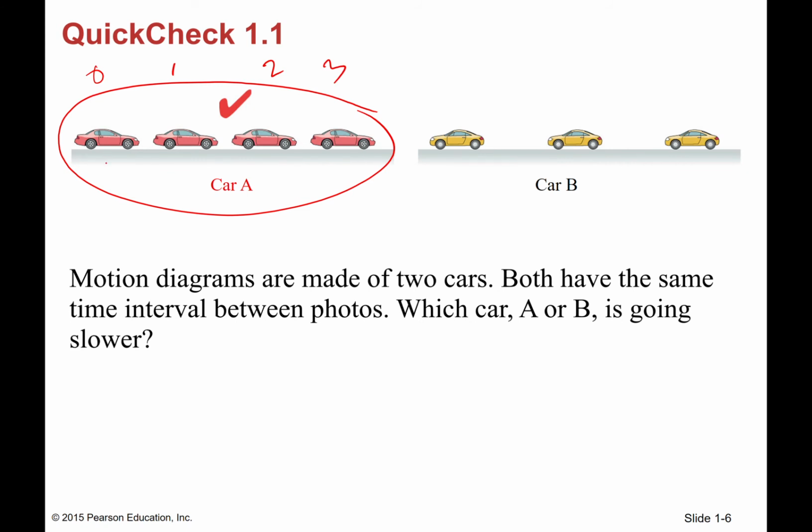This car covers this much distance per second. Here we have 0, 1, 2, and this car covers this much distance per second, and you can see that this distance here is much greater than this, so therefore this car is going slower.